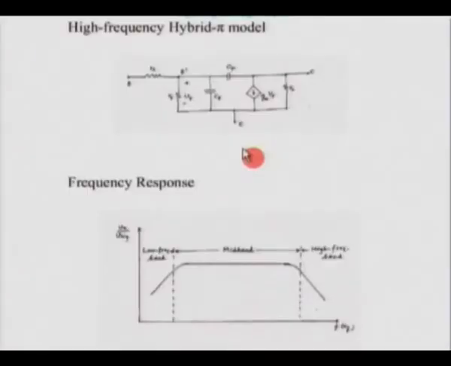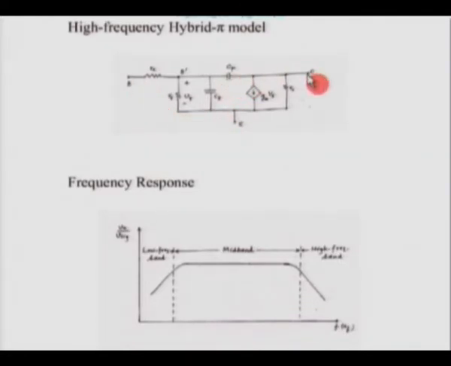Now when we talked about the common base amplifier, we said that the common base has very low input resistance. Another advantage of the common base amplifier is that the problem which we talked about here, the multiplication of this capacitor C mu by the gain, which is called the Miller effect, is not there in a common base amplifier. This is because in a common base amplifier we apply the input between emitter and base.